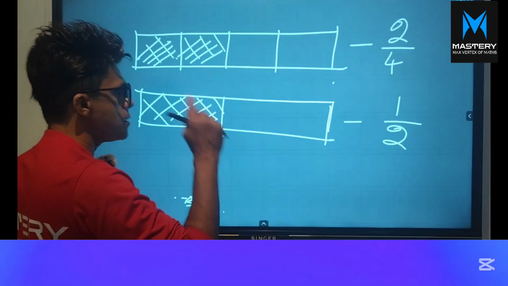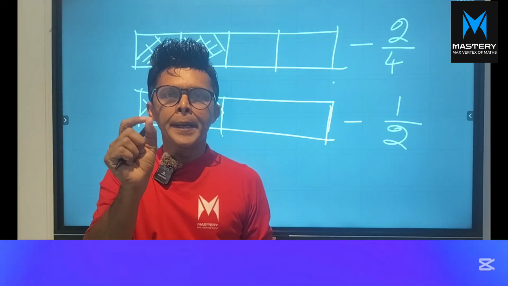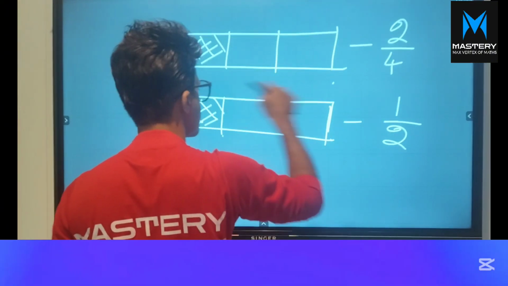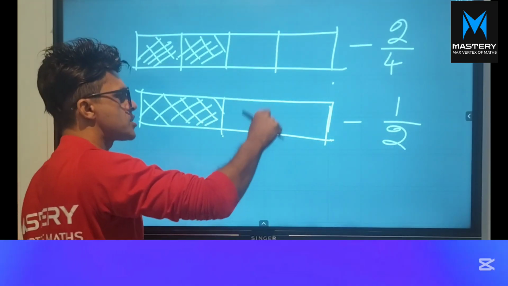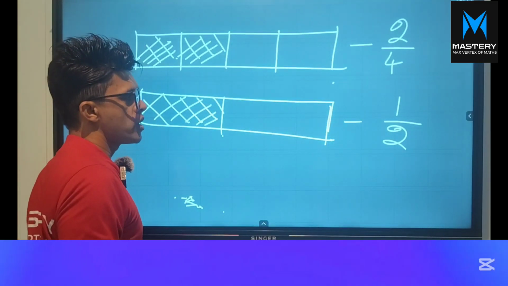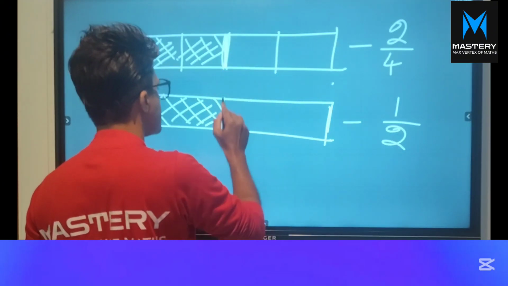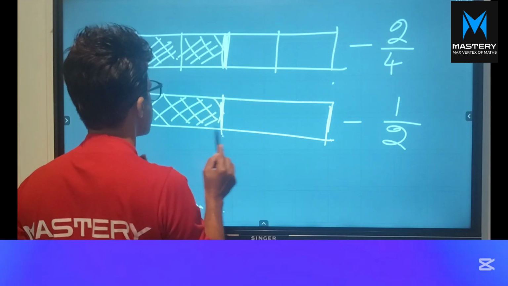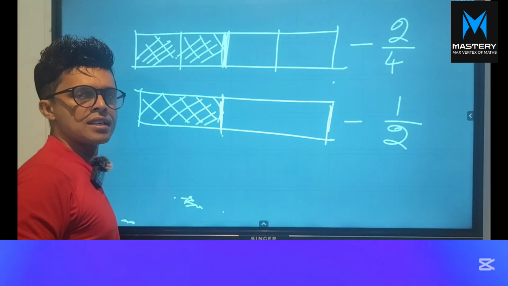The thing you need to realize here is that the same figure, the same diagram, has been divided into equal parts, and one part has been taken. The most important thing is that you can see the same region, the same part we have taken.